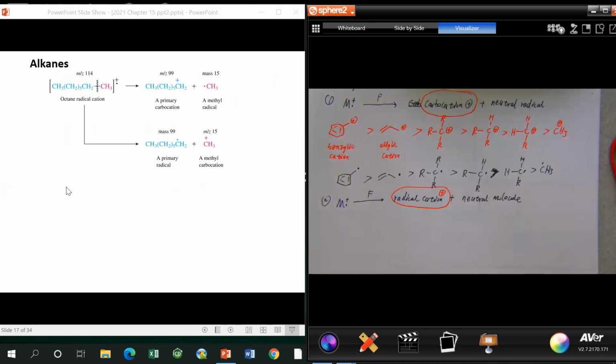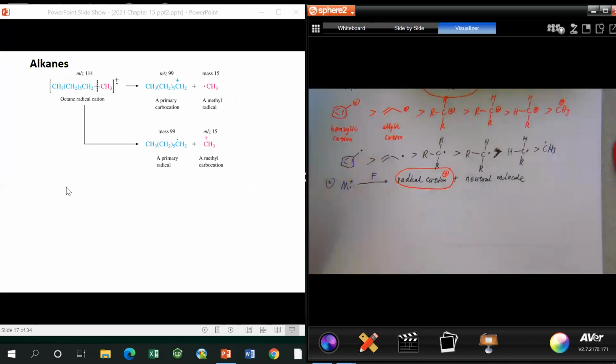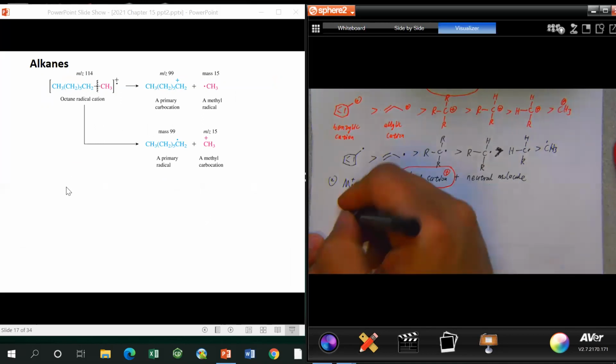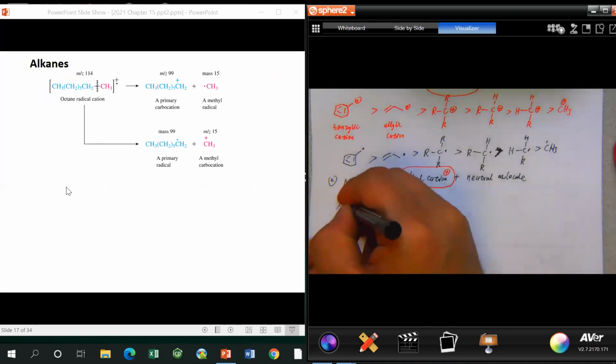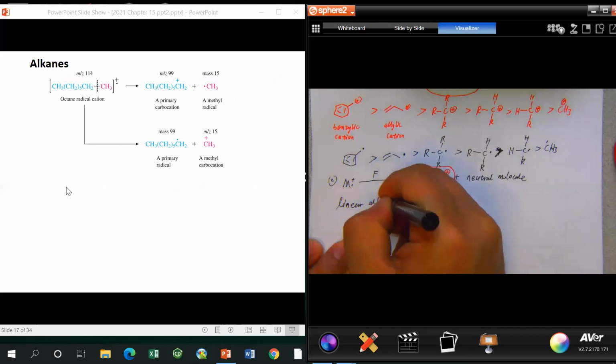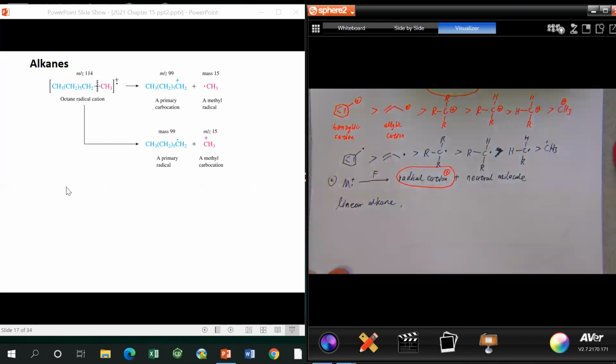All right. So now we can study the fragmentation of all the different functional groups. First one is linear alkane. For a linear alkane, just break up the individual bonds.